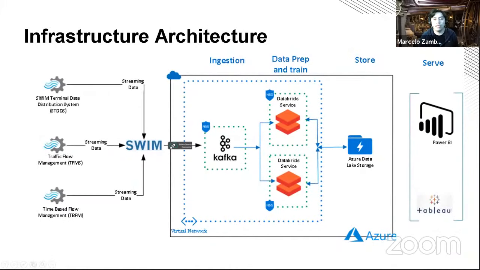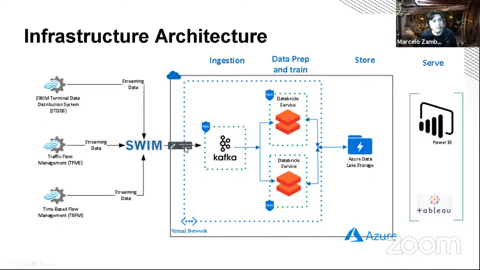So with that background, let's take a look at this possible architecture, which will allow us to consume this data and make sense of it. On the left side, we see all the data producers from SWIM. And on the right side, we have our proposed architecture in Azure. A couple of things to notice here is that we are using Kafka, which makes sense, since this is a publish and subscribe architecture, and Kafka is really good at it.